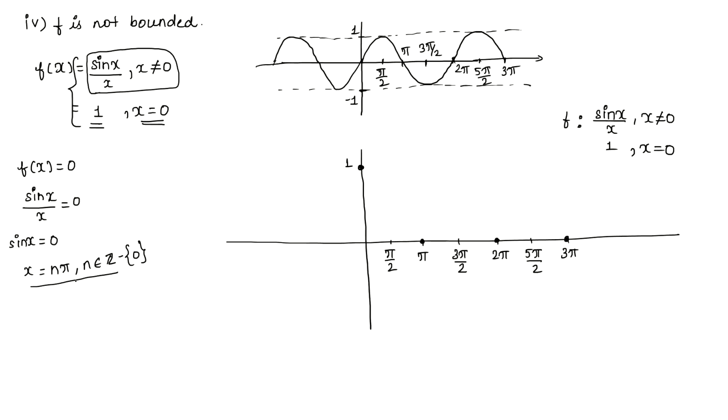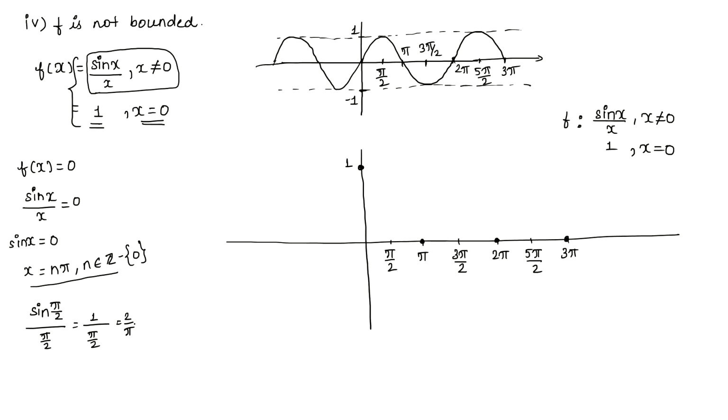Now let us see what is the value the function is taking when x is equal to pi by 2. When x is equal to pi by 2, f of x is sin x by x. So sin pi by 2 by pi by 2 is equal to 1 by pi by 2, that is 2 by pi. So f of x is equal to 2 by pi.